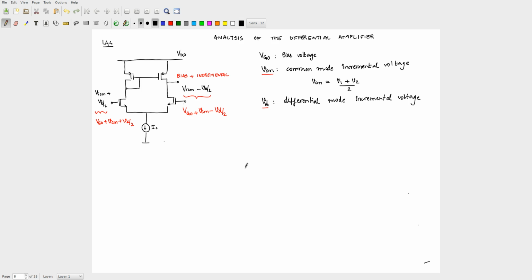We are going to make a few approximations in order to analyze this. You will see that I'll make some approximations which may not look very consistent, but you will have to bear with me and just follow through. At the end it may make a little more sense. I will say that the NMOS transistors have their output impedance R0 equal to infinity.